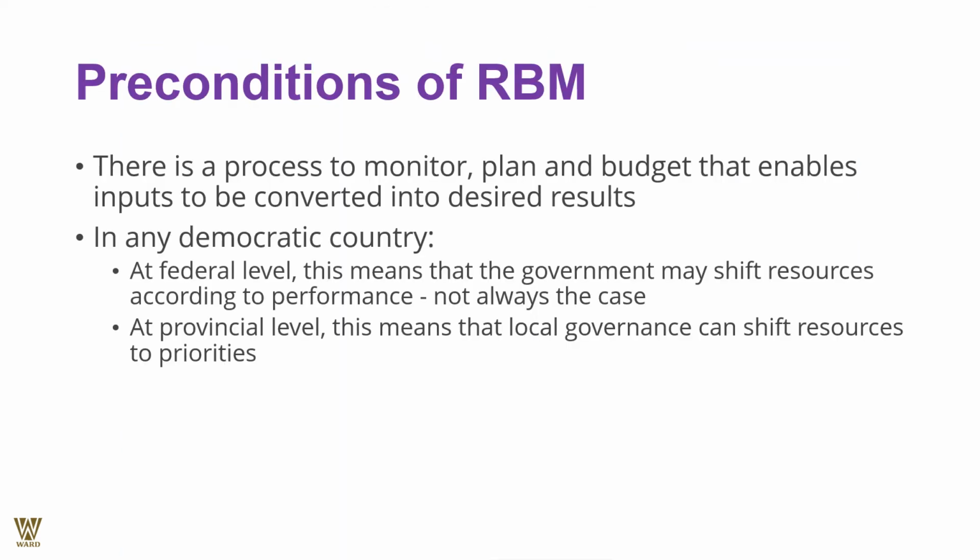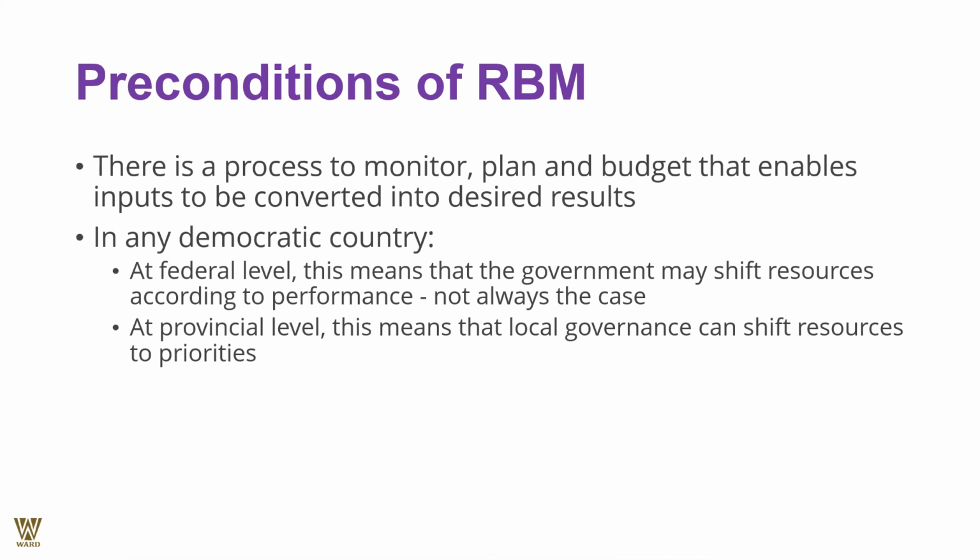So preconditions of result based management: there is a process to monitor, there is a process to plan, there are budgets that need to be consumed, because once these are consumed they can produce the desired result. In a democratic country, for that matter, at the central government or federal level, the government might shift resources to the performance. Not always the case, mind you, depending upon the priorities.